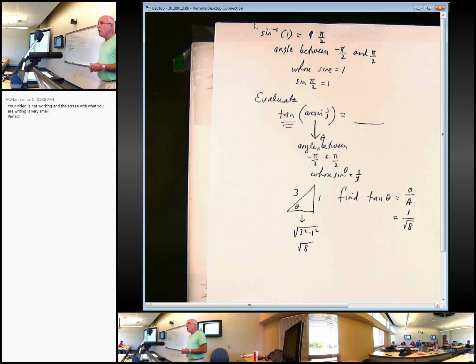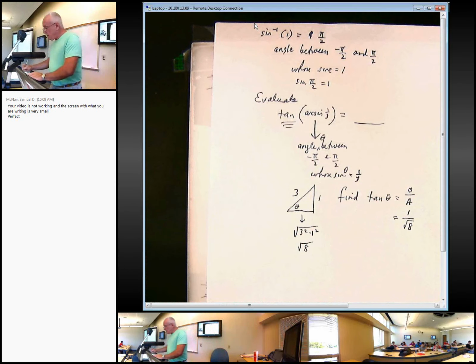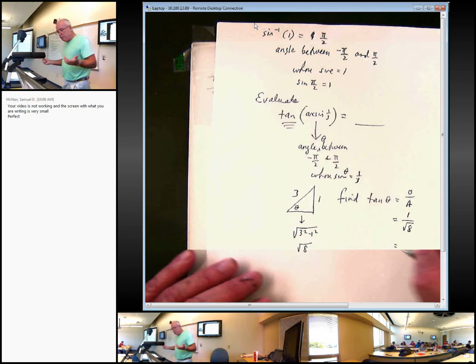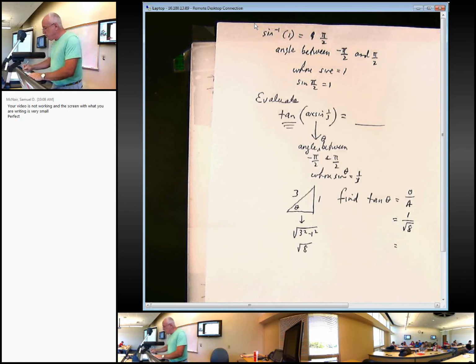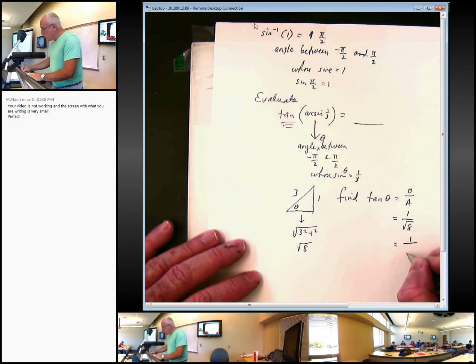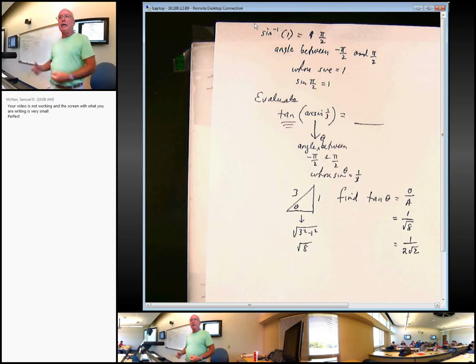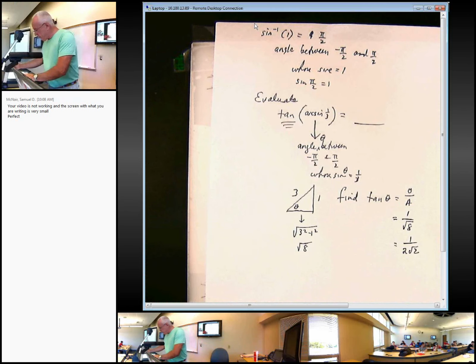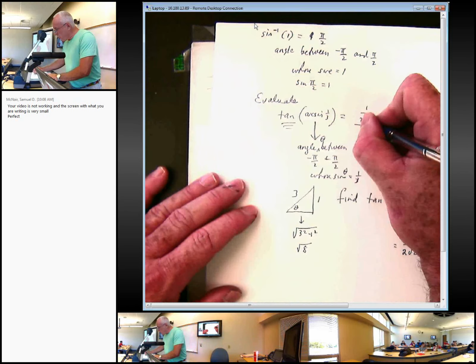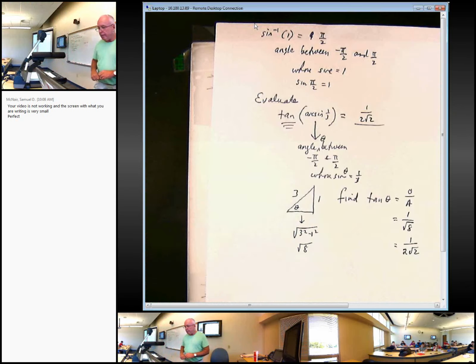Okay? All right. And then, of course, if we want to, we can reduce the square root of 8 as 2 times the square root of 2, because 8 is equal to 4 times 2, so we can reduce it like that. And that would be our answer then: 1 over 2 square root of 2, like that.